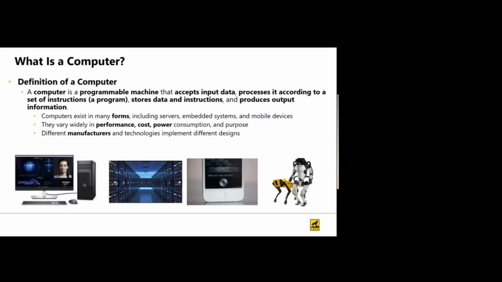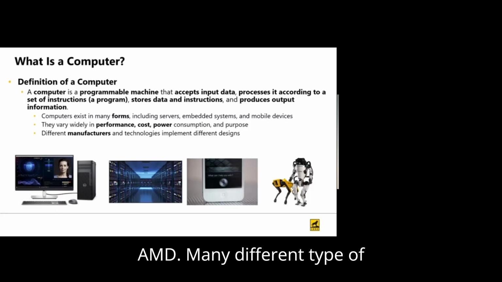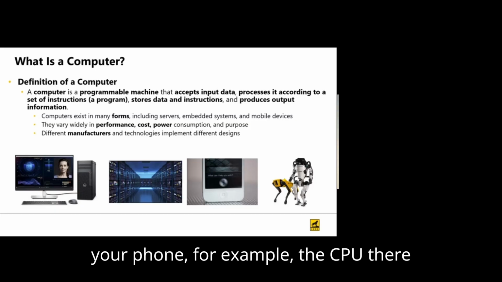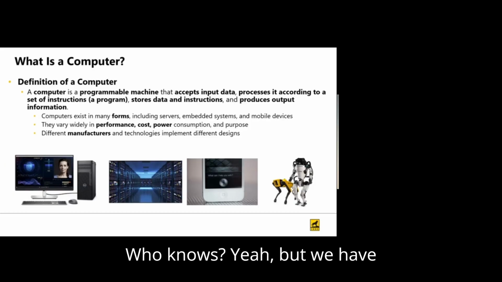manufacturers. Not all computers are Intel, not all are AMD. But there are many different types of CPUs. If you open your phone, for example, the CPU there is not Intel, is not AMD. Probably ARM, or SPARC, or MIPS. Who knows?